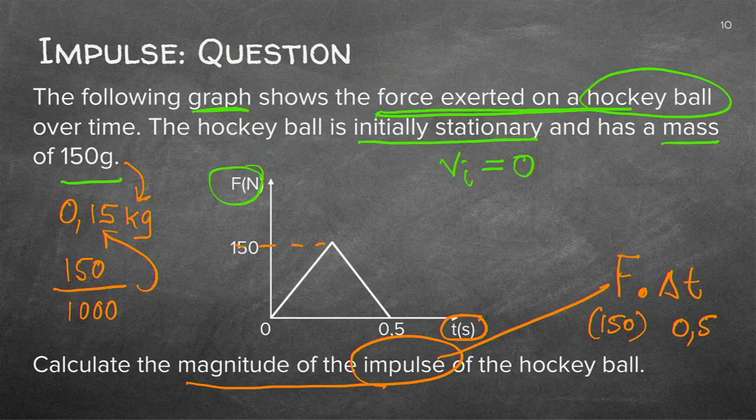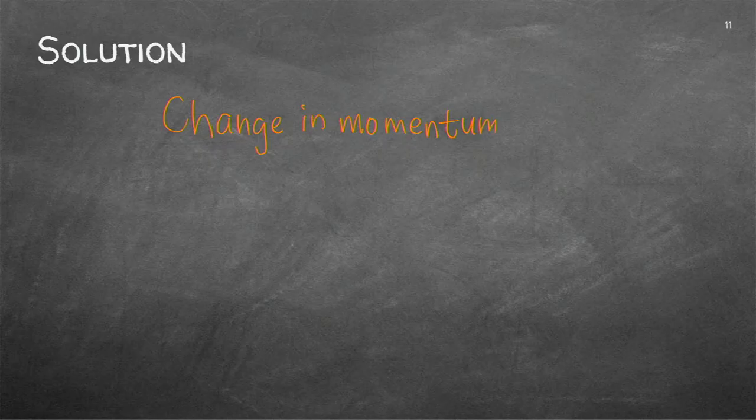So how are we going to do that with the graph? Well, you're going to work out the area of the graph. The change in momentum, and I'm writing this in words so that you know exactly what I'm saying, that is the delta P. So the delta P is F times delta t.